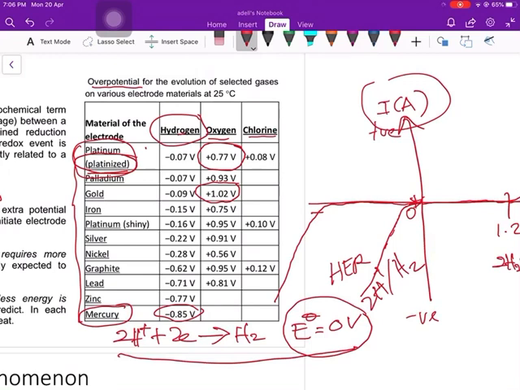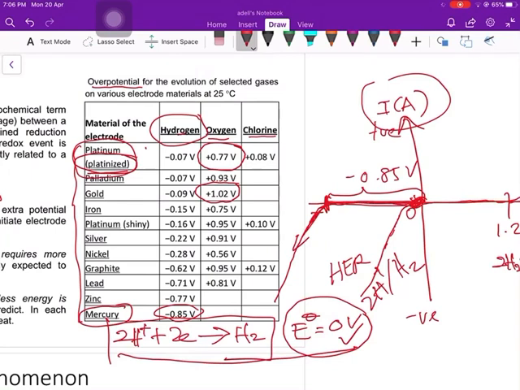But on mercury, this process is more negative, negative 0.85 volt extra. This is the difference between the theoretical value and the new current, the increase of current for reduction.